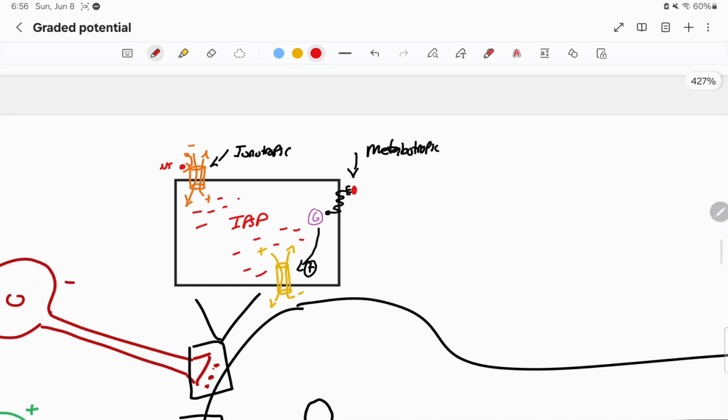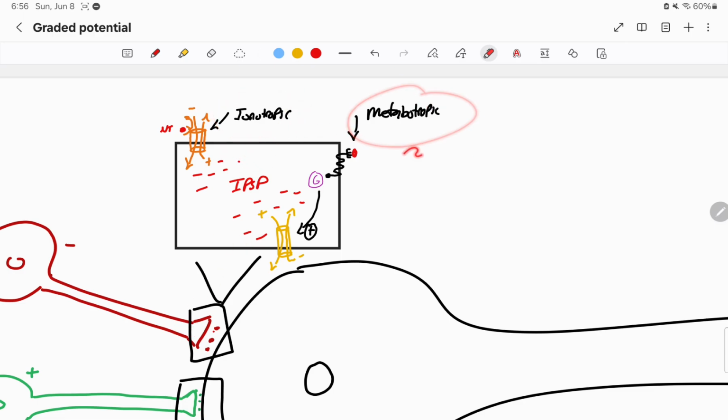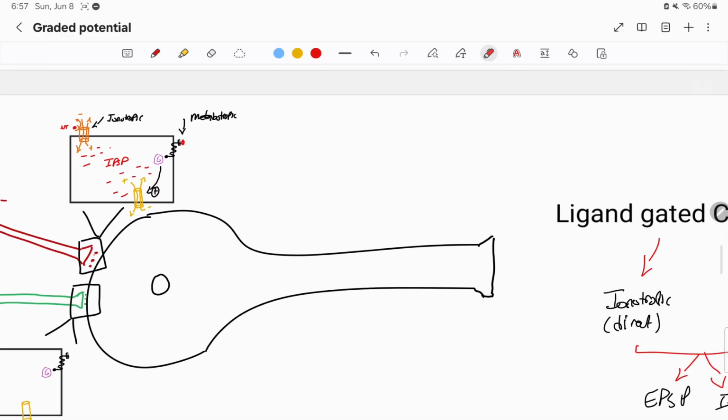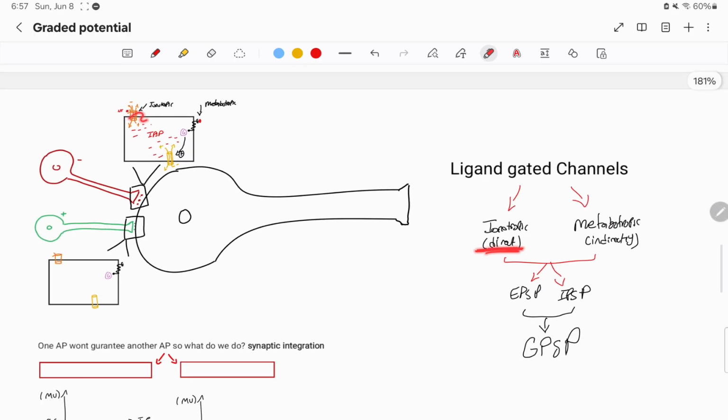So you see how we can achieve the exact same thing in an inhibitory synapse by using two different pathways. We can go through the ionotropic way or the metabotropic way, and that really just depends on which receptor is present on the surface of this postsynaptic membrane. Now you understand why we call the ionotropic direct, because it directly lets ions in and out of itself, whereas the metabotropic is indirect.